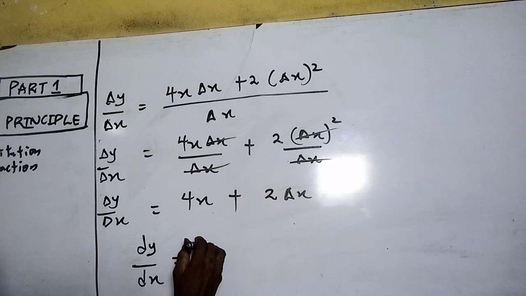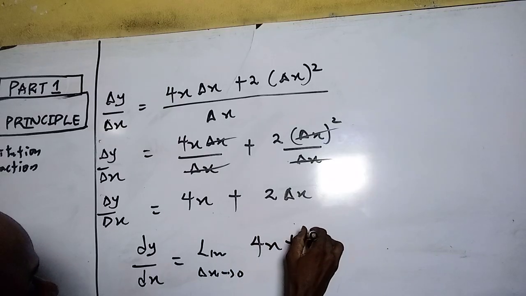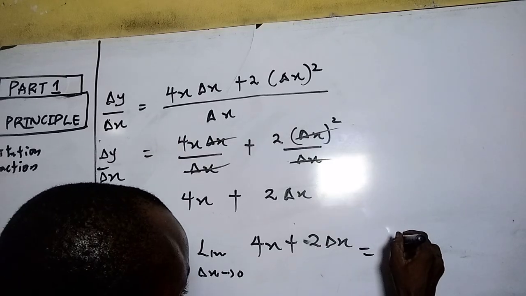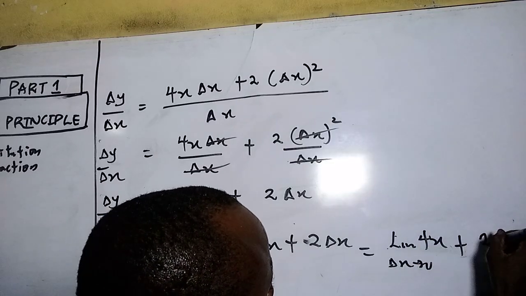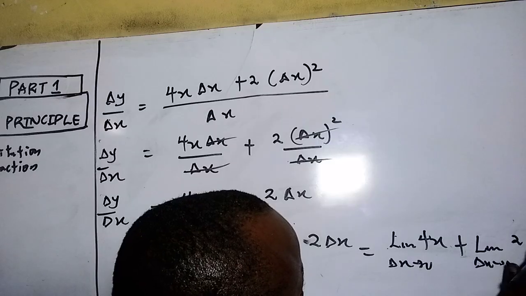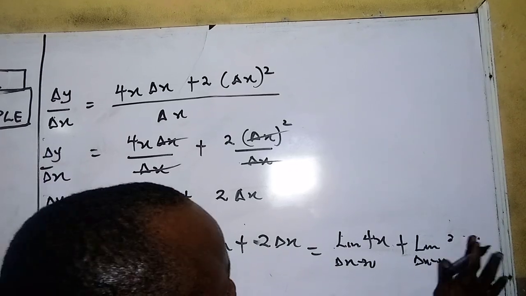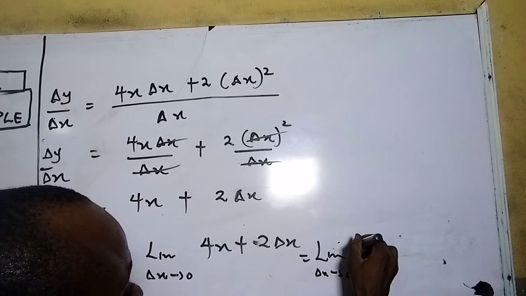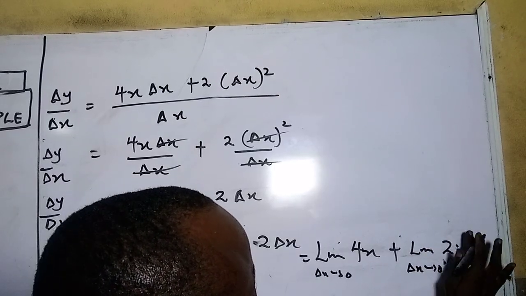So if I limit dx to 0 in this case here, what I'm going to have now will be the limit as dx goes to 0 of 4x, plus the limit as dx goes to 0 of 2 dx.